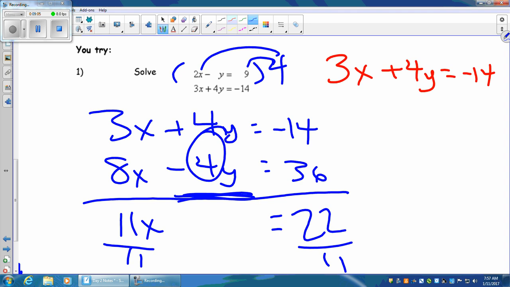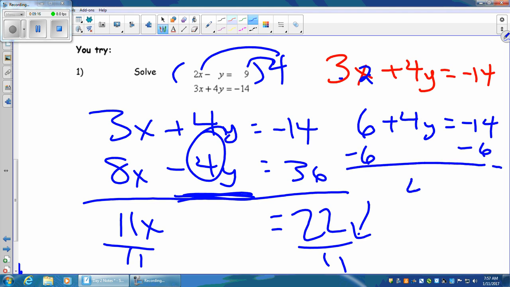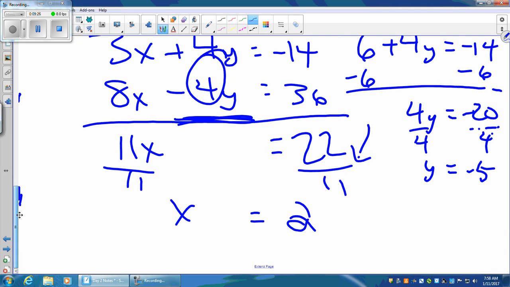We said x was 2 from down here. So 3 times 2 is 6, plus 4y is -14, minus 6 on both sides. I end up getting 4y is -20. Divide everything by 4, and y is -5. Okay, so when you made your coordinate, hopefully it said 2, -5.